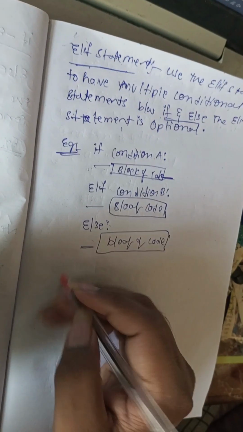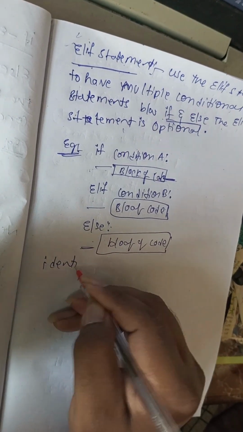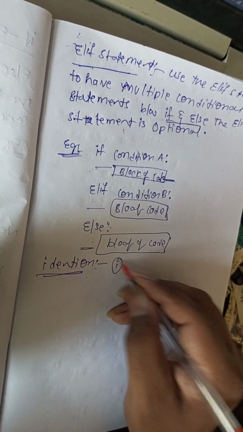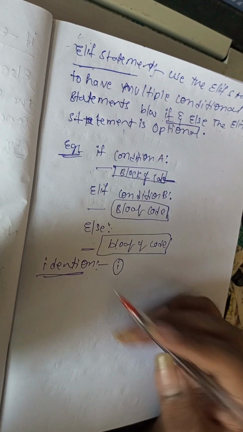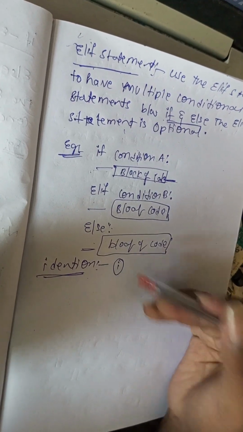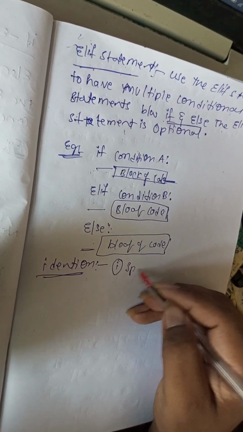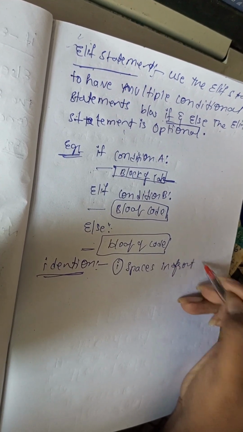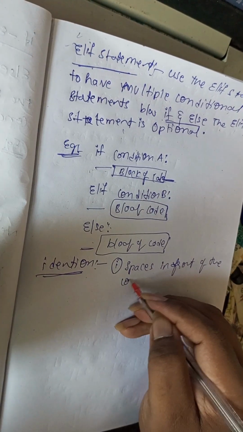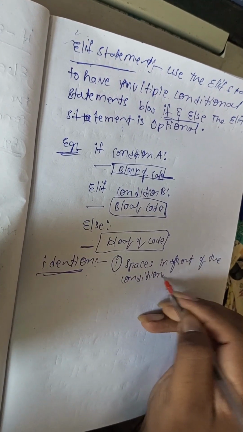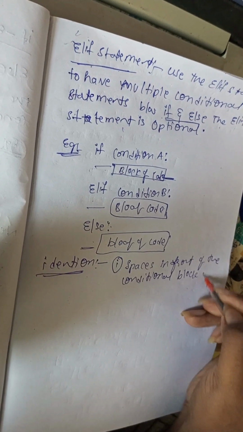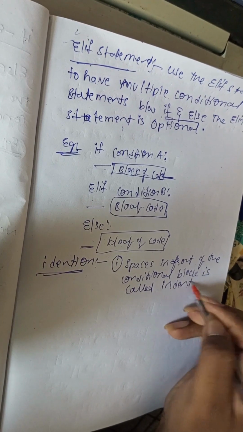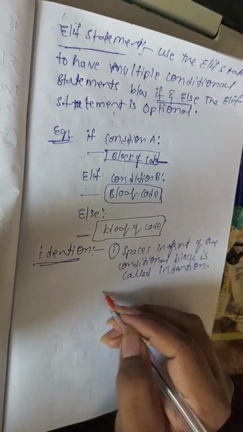Next, coming to indentations, means spaces. What is meant by indentations? Indentations means spaces in front of the conditional block is called indentations. Okay.